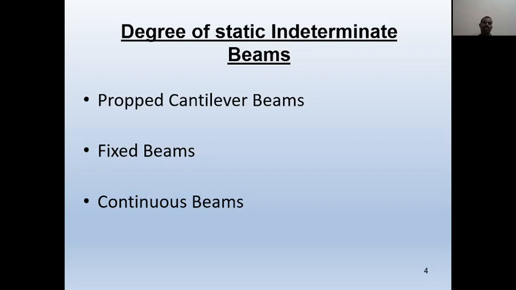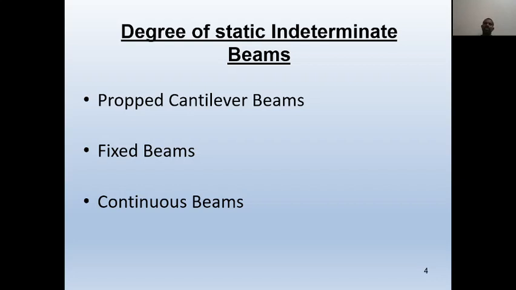These three, propped cantilever beam, fixed beams, and continuous beam, are statically indeterminate beams because they have more unknown reactions than static equilibrium equations. That means when you apply static equilibrium equations alone, you cannot determine all the unknown reactions, and therefore additional equations are required.